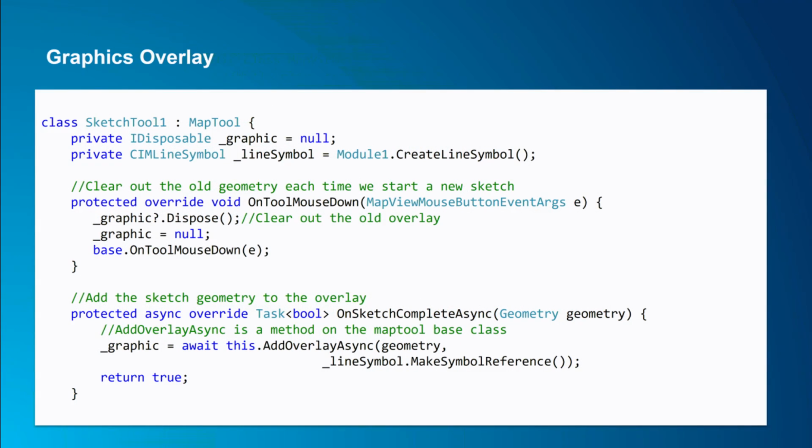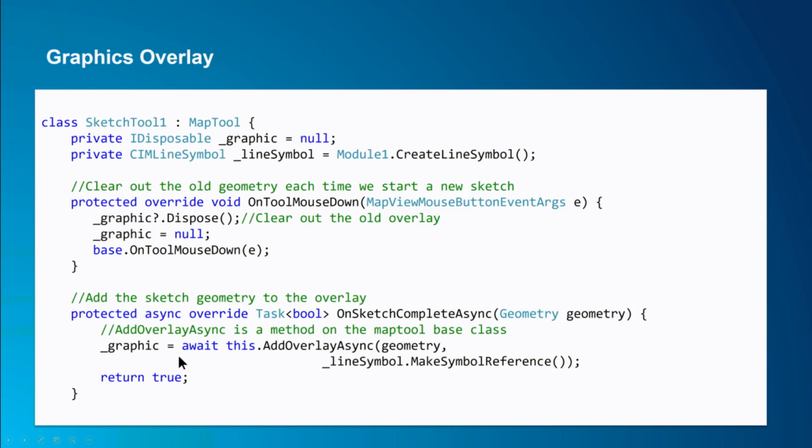Here's a sample of a map tool that works with graphics overlay. What we do here is we have a line symbol that we create in a helper method. This is where we define a class called sim line symbol, and we create an instance called underscore line symbol. In the onSketchCompleteAsync method down here, we utilize the geometry and add that geometry, using that line symbol symbology, as an overlay.